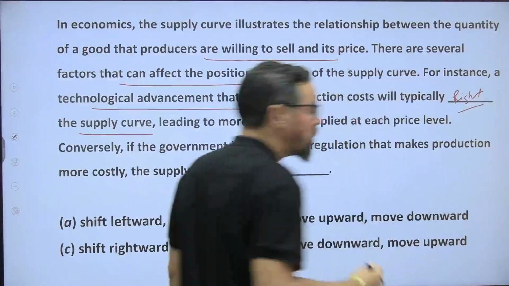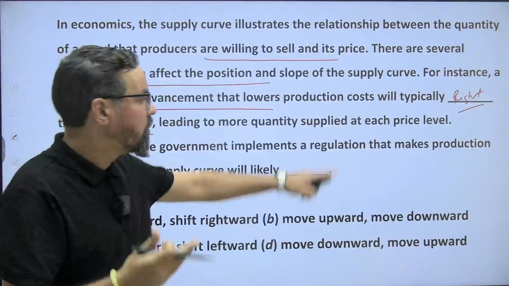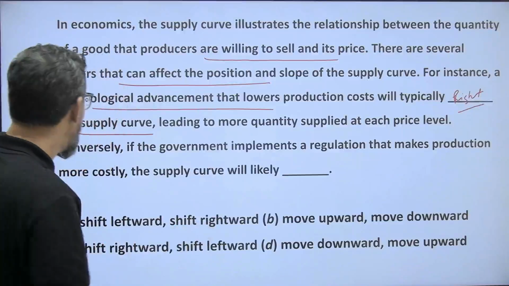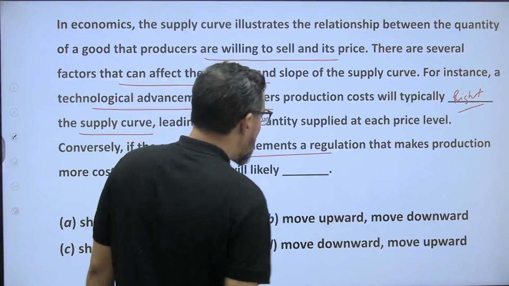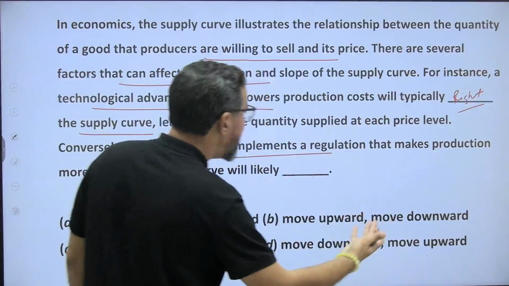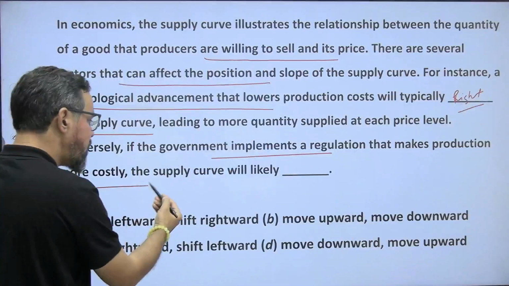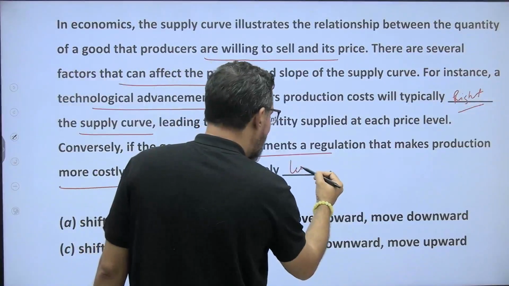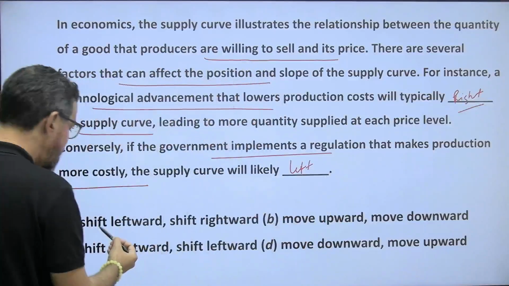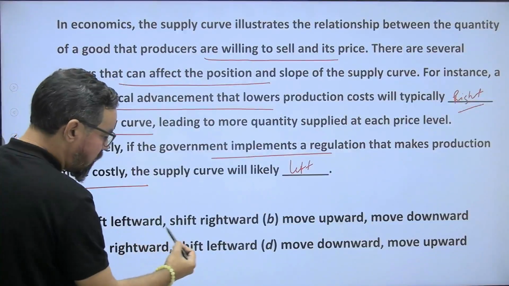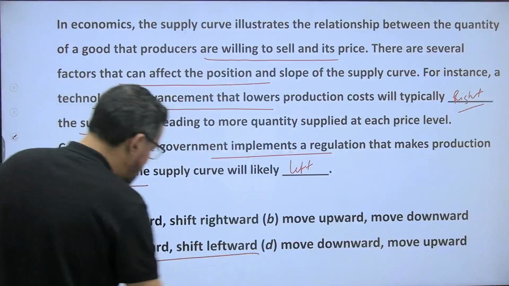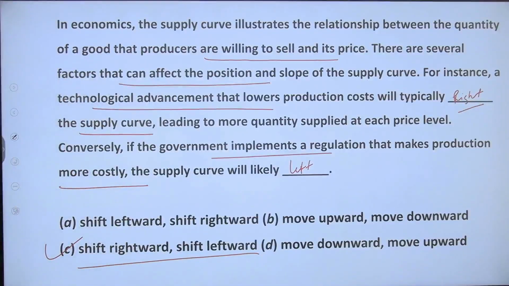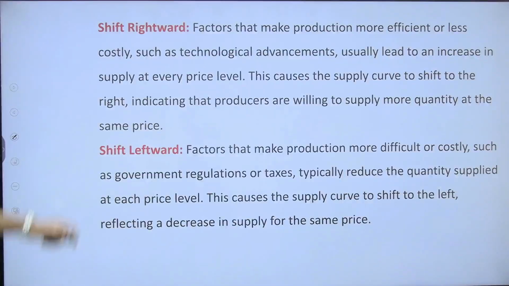Suppliers want to sell more because their profit margin will increase. In the reverse case, if the government implements a regulation that makes production more costly, it will move leftward. So rightward and leftward shift, not upward. Option C will be the right answer. Next one.